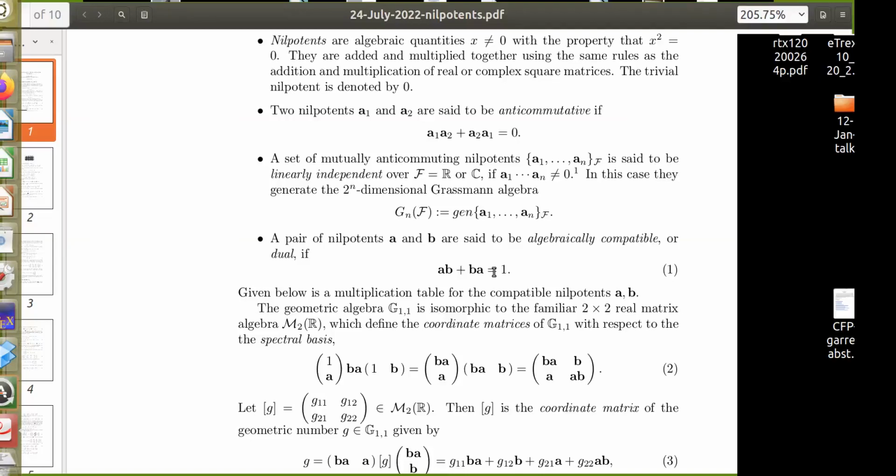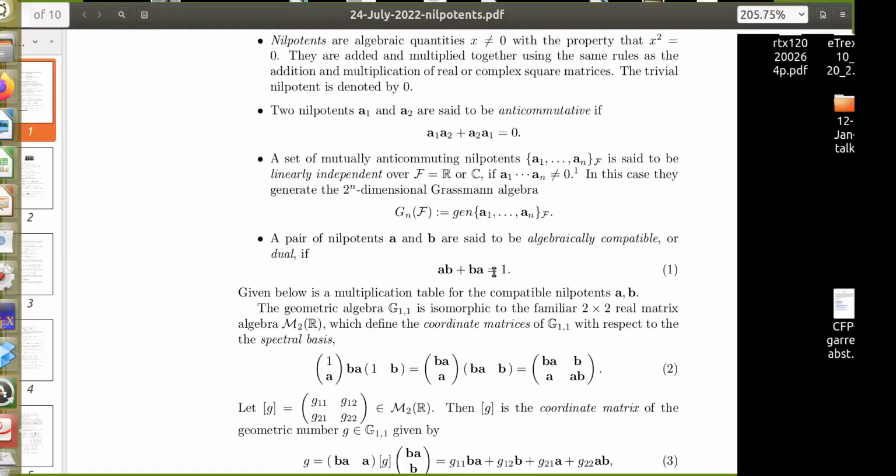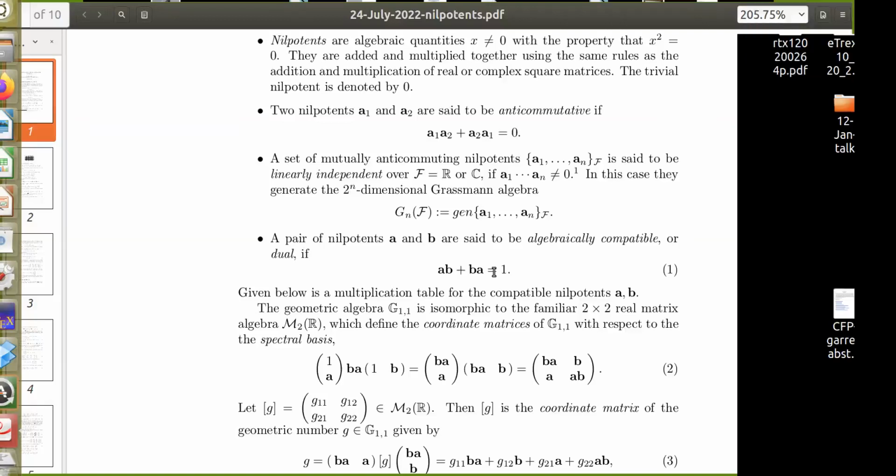So when you write A, B, my question is, well, where's the multiplication? It's not a multiplication in G_n, that's right. Generated by A, and it's not in the algebra generated by B, right?